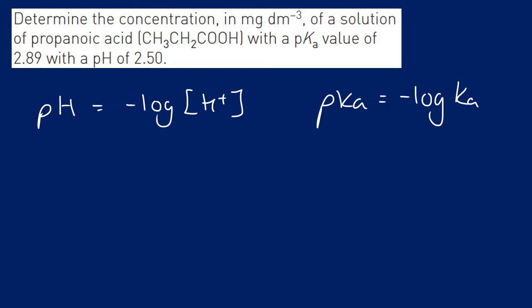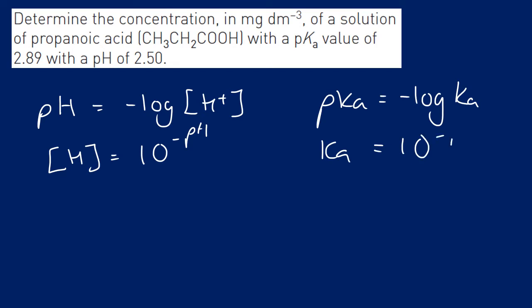So we can use this to rearrange. Just to remind you, the H plus concentration is 10 to the minus pH, and therefore Ka is also equal to 10 to the minus pKa. So maybe just pause the video again and see if you can calculate the concentration here.